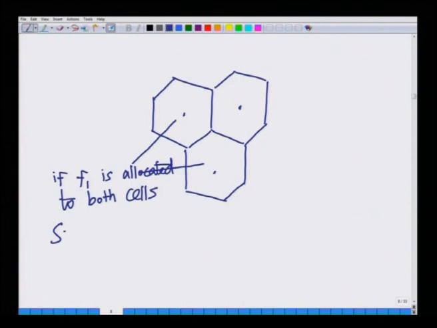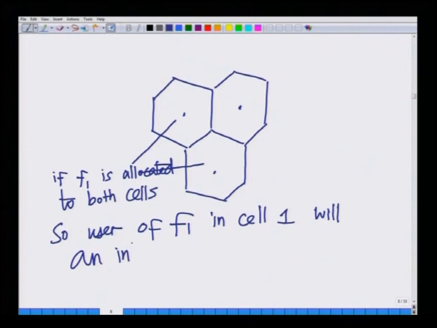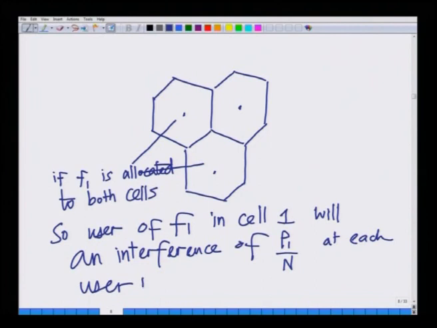So, a user on f1 in cell 1 will cause an interference of P1 over n, that is the power transmitted over n, which is the length of the spreading code, at each user in the adjacent cell.